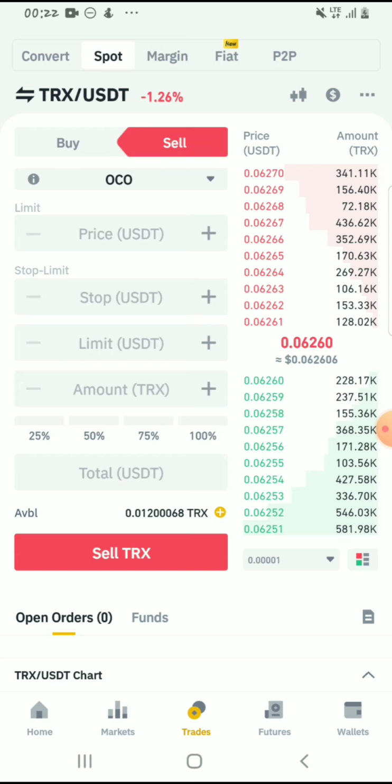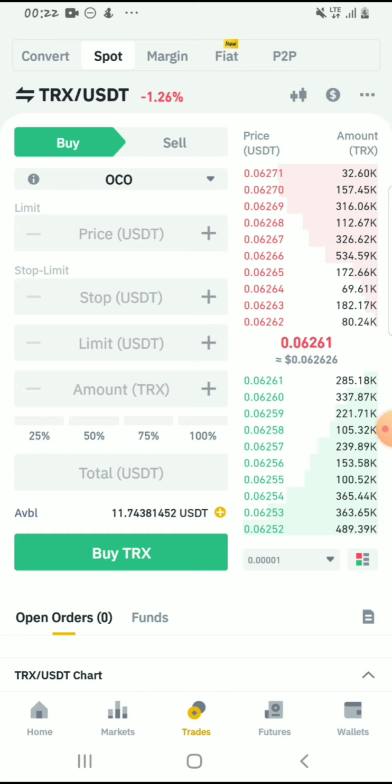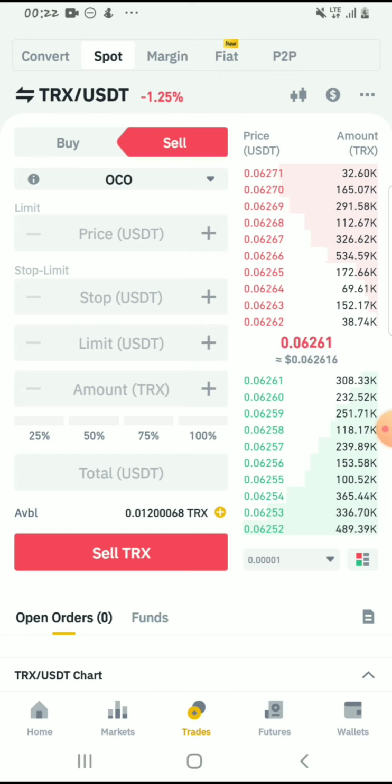So I might have, for example, 180 pieces of TRX. I want to sell this TRX.